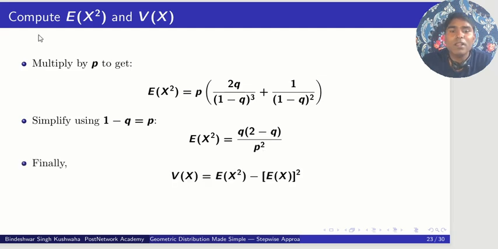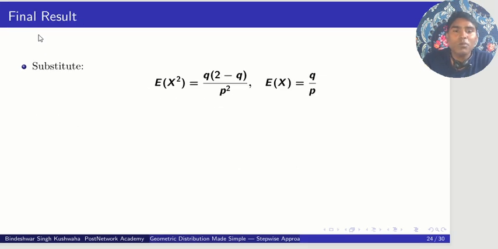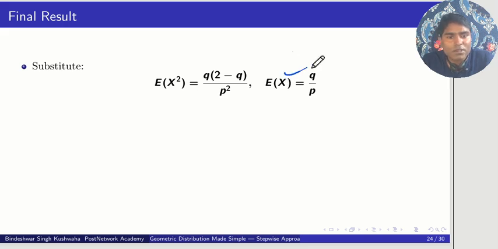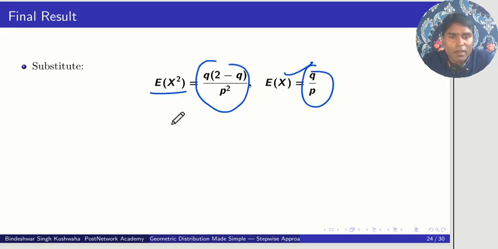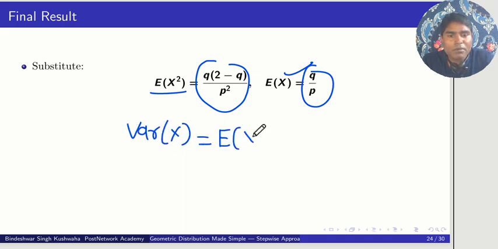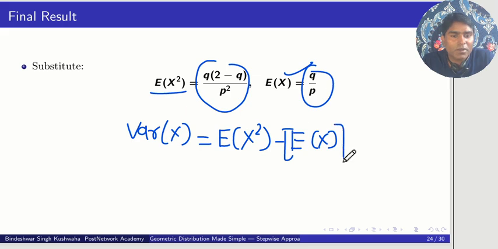Thereafter plug in the values and finally we will get the expected value of x square equal to q bracket 2 minus q upon p square, and the expected value of x we already know. And variance we know that variance of x would be equal to the expected value of x square minus the square of the expected value.